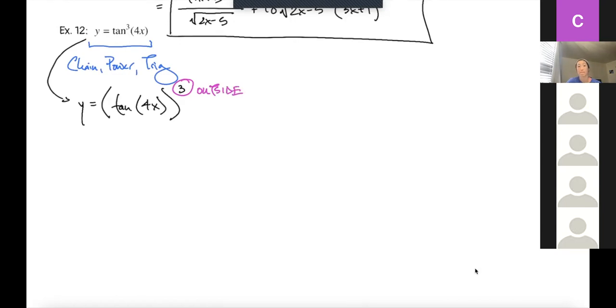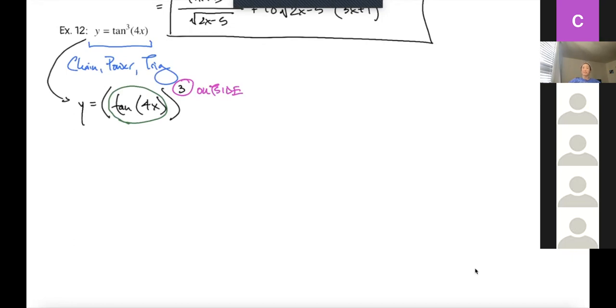I like it. Okay. What's the inside function? Okay. Seeing a lot of folks saying tangent of 4x is the inside function.